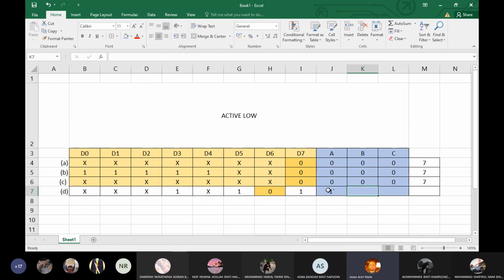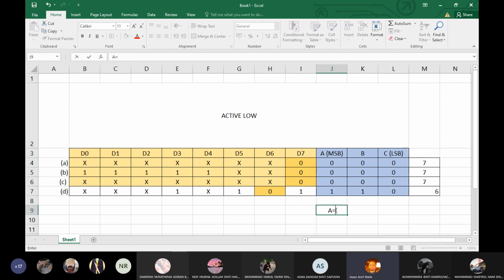Yes, very good. 110 iaitu 6. Okay, so C ni adalah LSB, sorry. This one is the MSB.